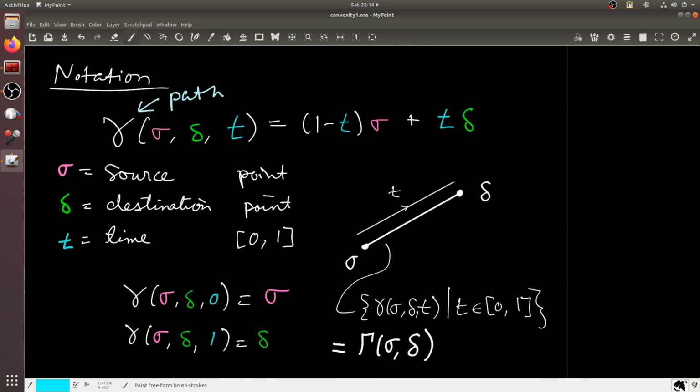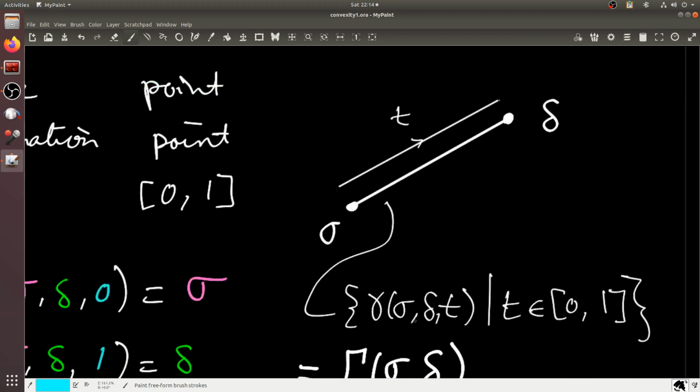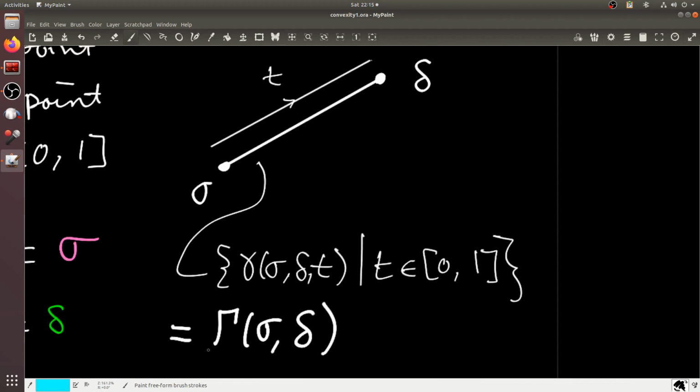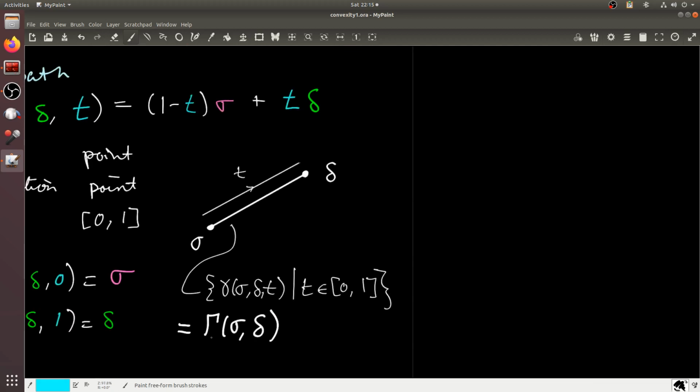So you plug in t equals 0, you get sigma. t equals 1, you get delta. Otherwise, you get a point between sigma and delta. So this line segment is the set of all points gamma of sigma, delta, and t, where t ranges between 0 and 1 inclusive. And then this set is called big gamma of sigma and delta.